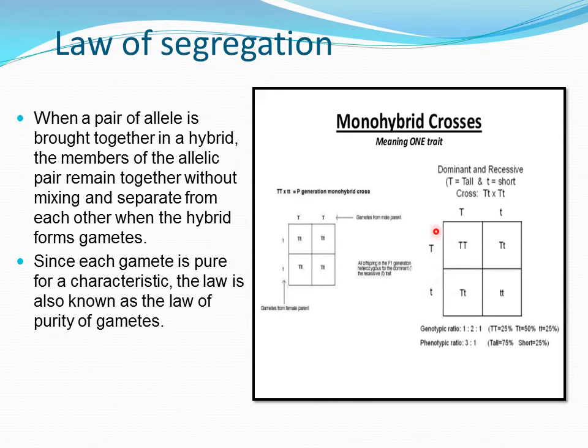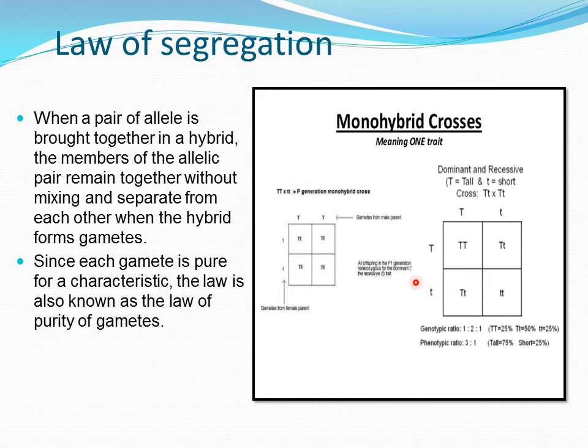Since each gamete is pure, the law is also known as the law of purity. So make it very clear, when they are remaining together, they are not mixing with each other and they are separating in the form of gametes. They separate purely, and so it is called the law of purity.